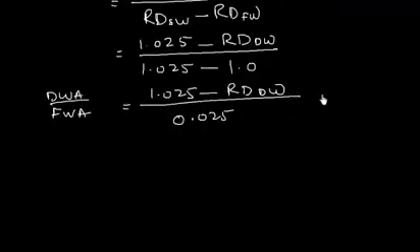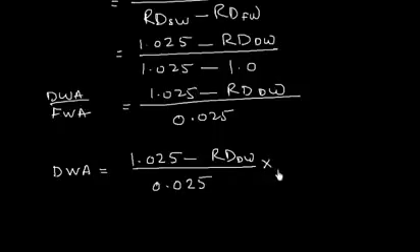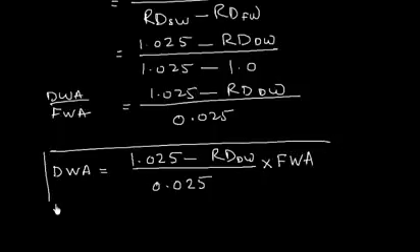Now all I have to do, I just need to bring fresh water on right hand side. So I may write like this: dock water allowance is equal to 1.025 minus RD dock water divided by 0.025 multiplied by fresh water allowance. And this is a very useful formula.